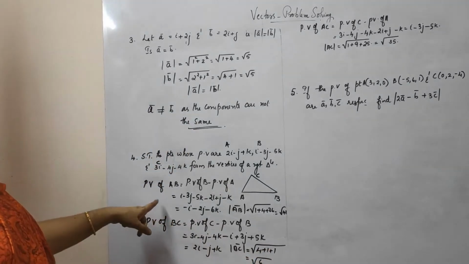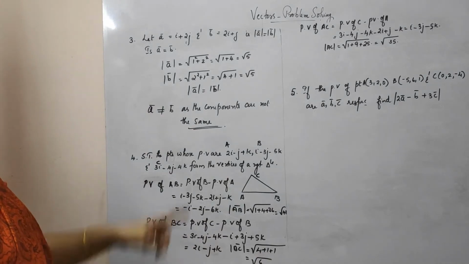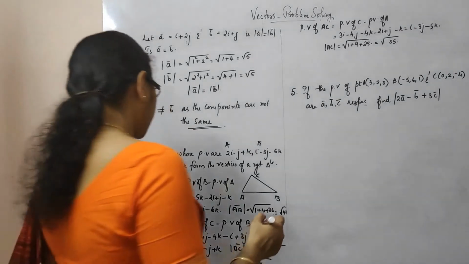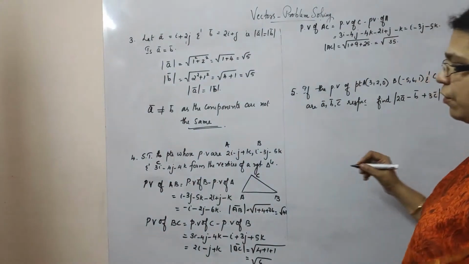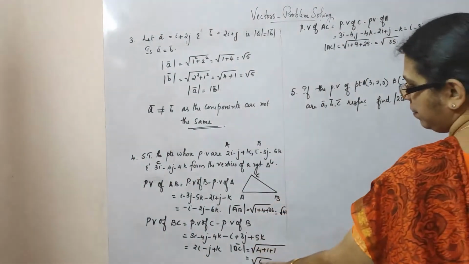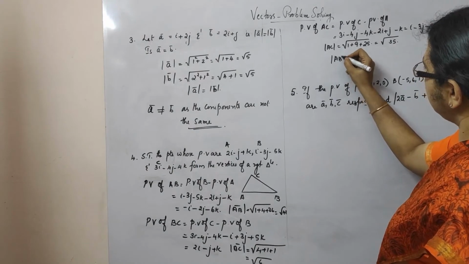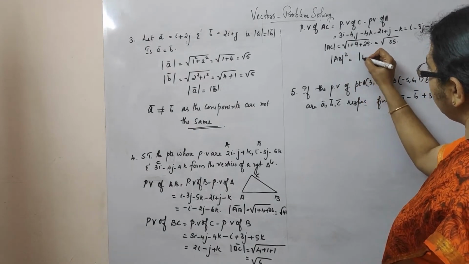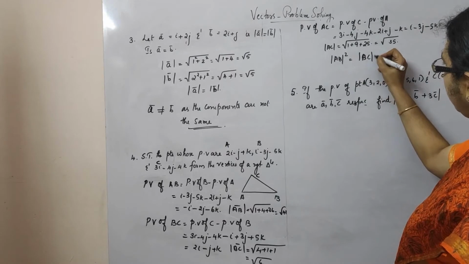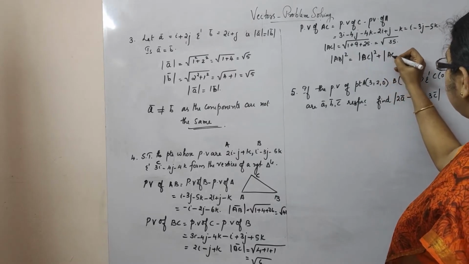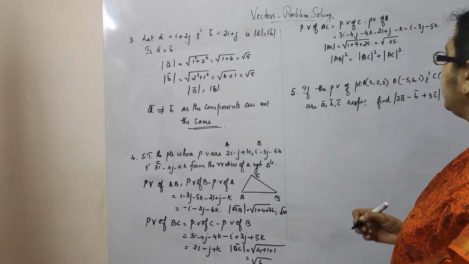Okay, so now I have found AB, BC and AC. From these values of the magnitudes of AB, BC and AC, I see that the magnitude of AB squared is equal to the magnitude of BC squared plus the magnitude of AC squared. Therefore, what can I say?